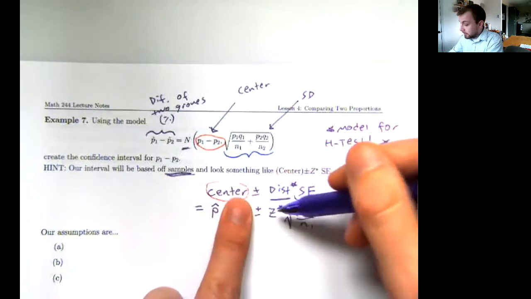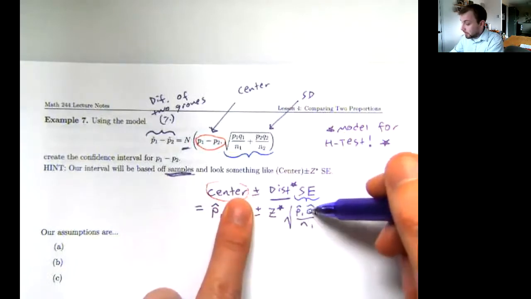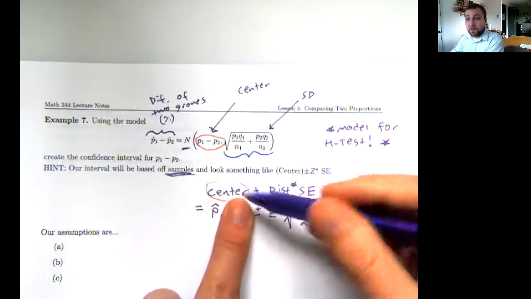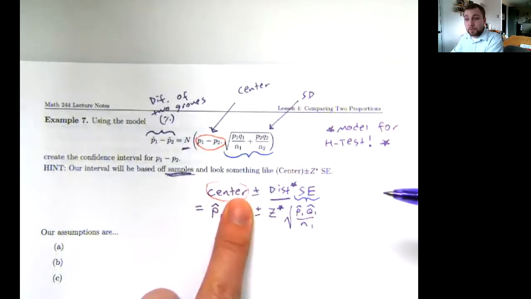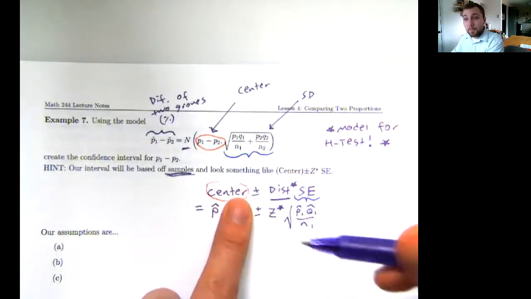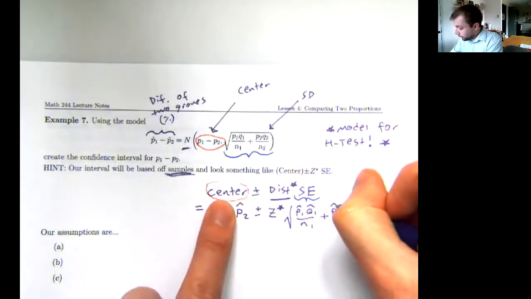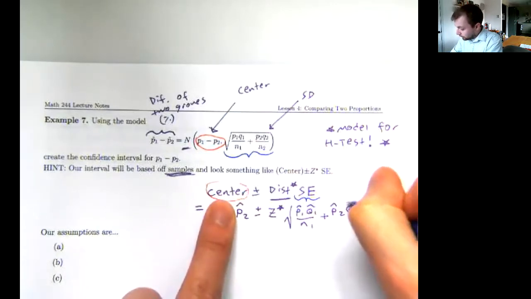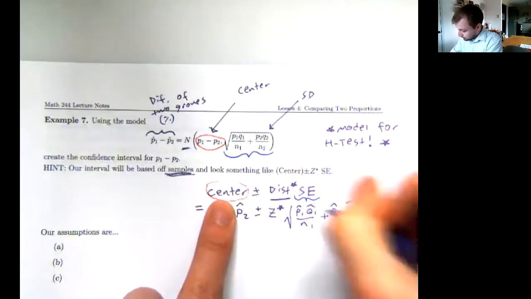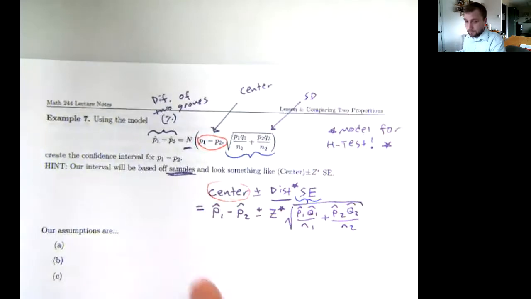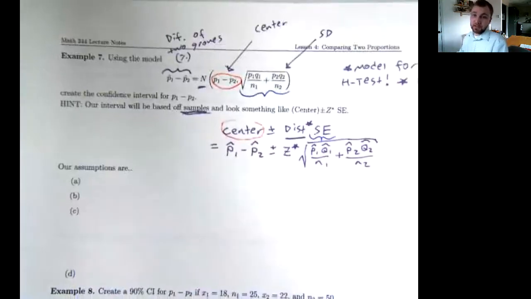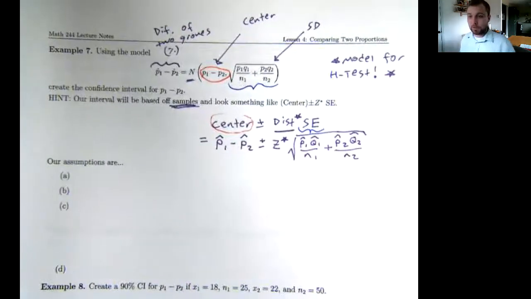P hat plus or minus z star square root P hat Q hat over n. That was my formula for a confidence interval for just one group. And now I'm going to repeat it again, so I have the same stuff, but for my second group. In your head, you should get in that habit of thinking, this is really just one group, but I'm doing it twice.